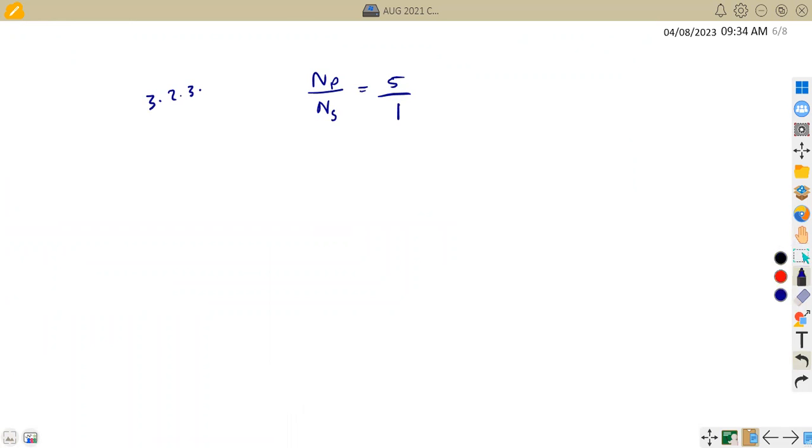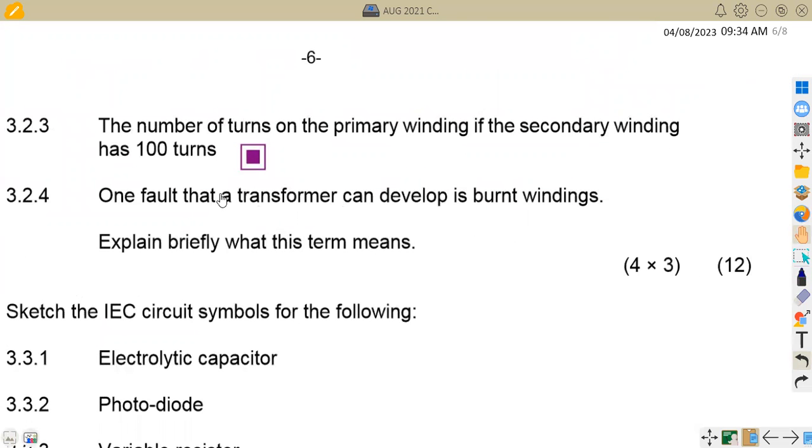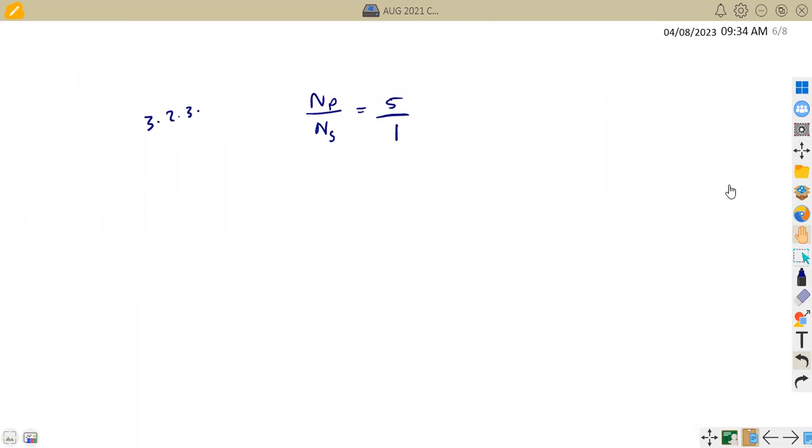This time we are given the turns on the secondary, which is 100. So we substitute: NP over the turns in the secondary of 100 is equal to 5/1.